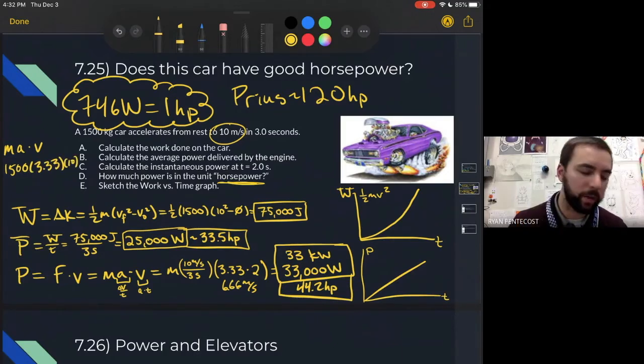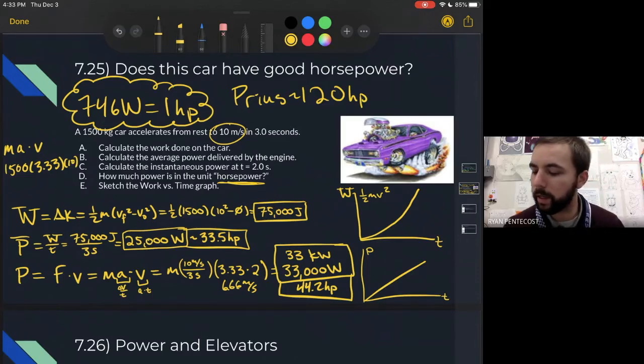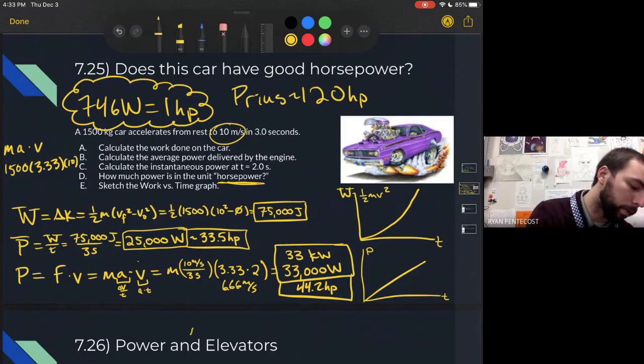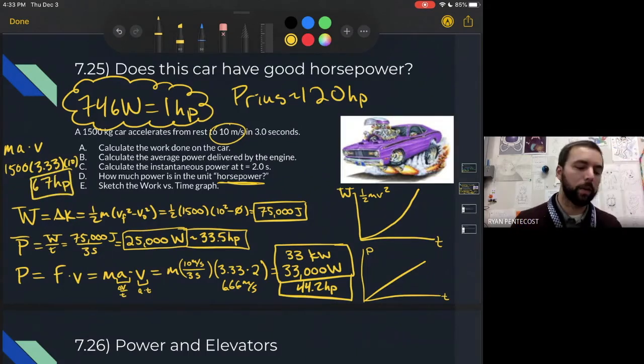You get about 50,000 watts, 50 kilowatts, divided by 746, you get 67 horsepower. Yikes. So that's not great. But I assume 10 meters per second is not the maximum speed of this car. If it is, that's a really slow car. That's a golf cart, I think, if I'm doing that right in my head.